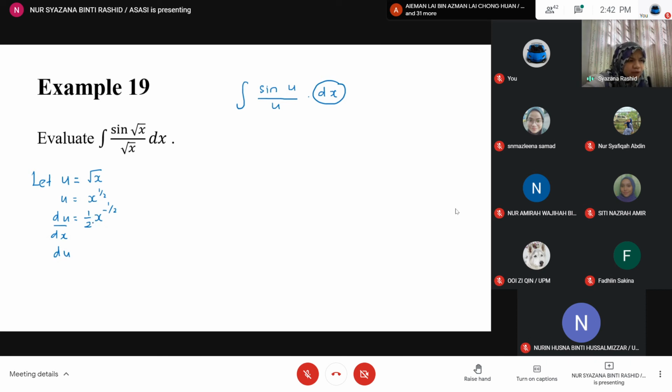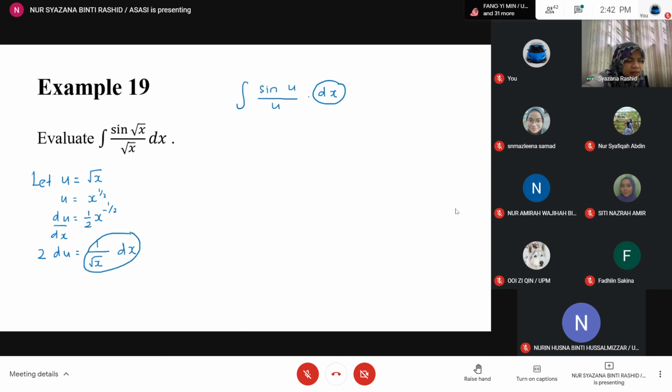We don't need this 1 over 2, so I can bring the 1 over 2 to the left side. So I have 2 du. Here it becomes x to the power of negative half, which is 1 over x power half, which is square root x. And I bring dx to the right side. Okay, so I have this.